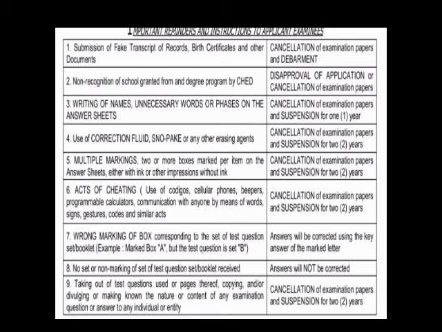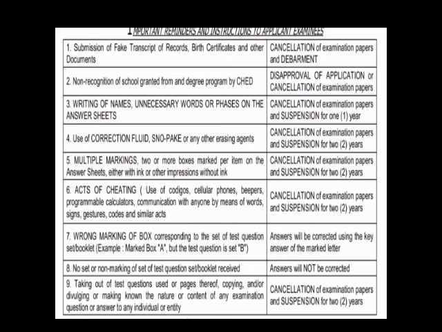Writing of names, unnecessary words or phrases on the answer sheets, cancellation of examination papers and suspension for 1 year. 4. Use of correction fluid, snowpake or any other erasing agents, cancellation of examination papers, and suspension for 2 years.